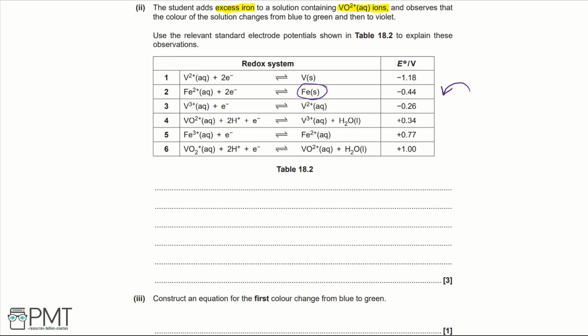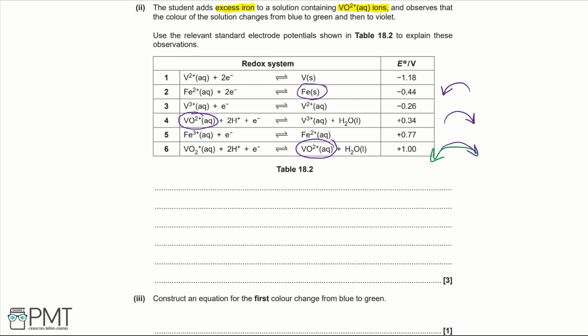And then we want the VO2+ ions, so we're looking at the two systems that contain VO2+, and we want the equilibrium to shift forwards. That means we want it to be more positive. If we are shifting forwards because it's more positive than our -0.44, this +1 would shift forwards also, and we don't want that because for this one we want it to shift backwards so that we start with our VO2+.